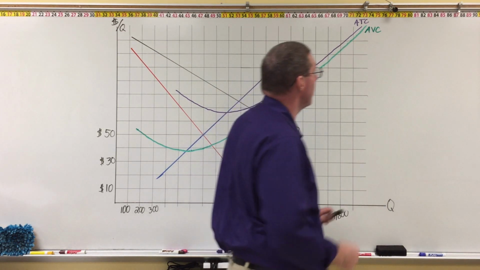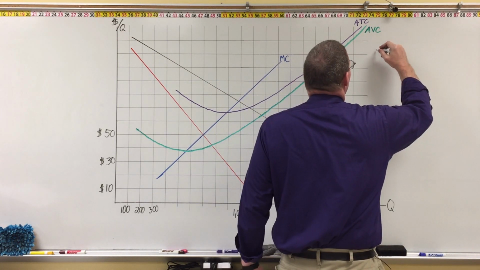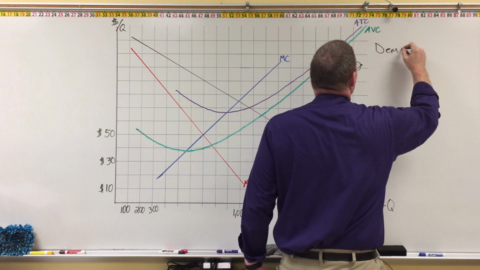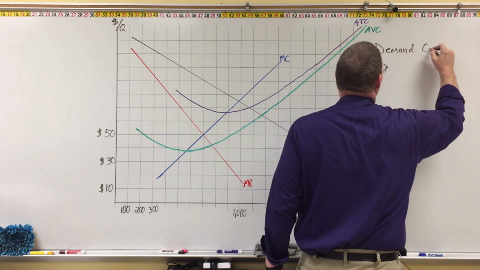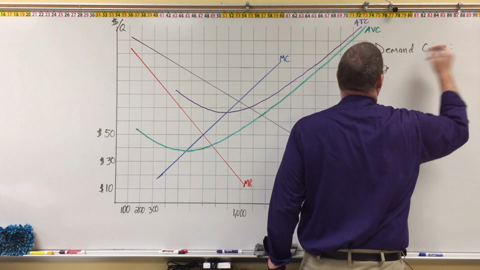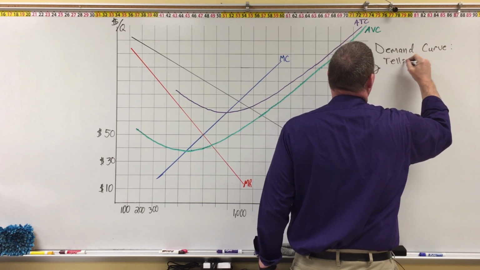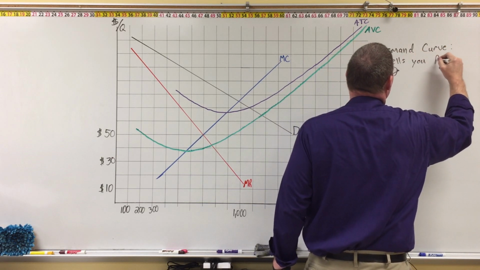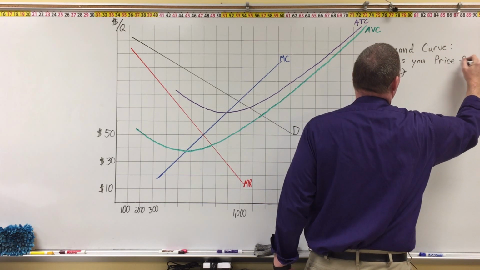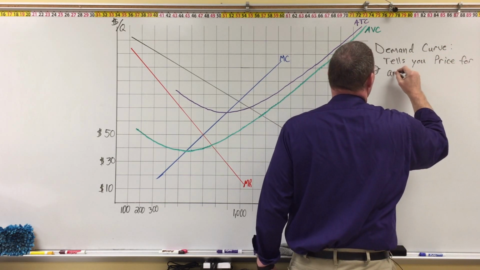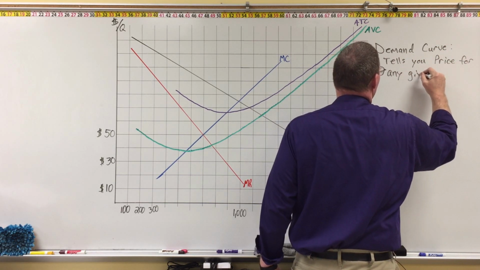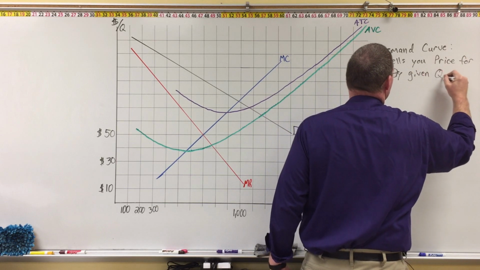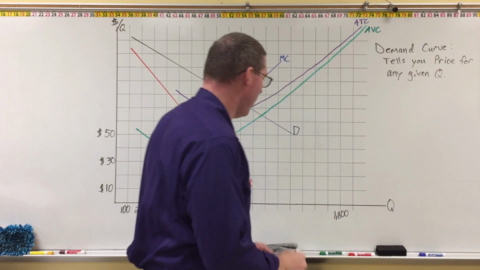So I'm going to write that down up here. The demand curve tells you price for any given quantity, any given Q.